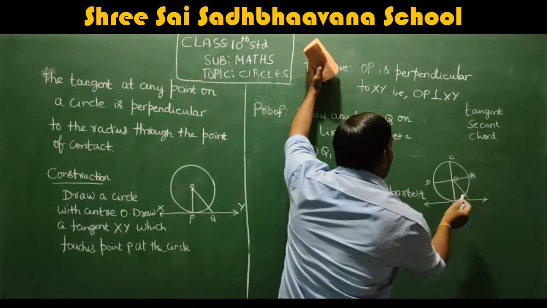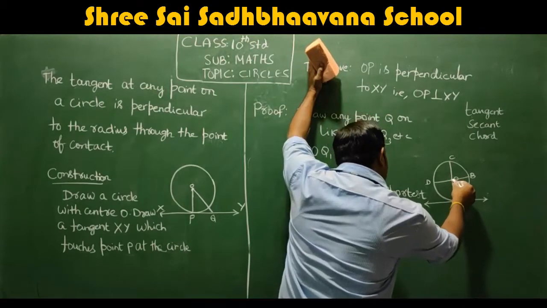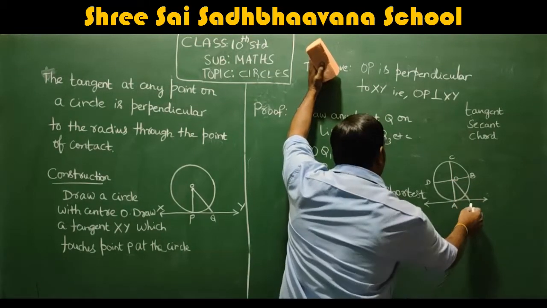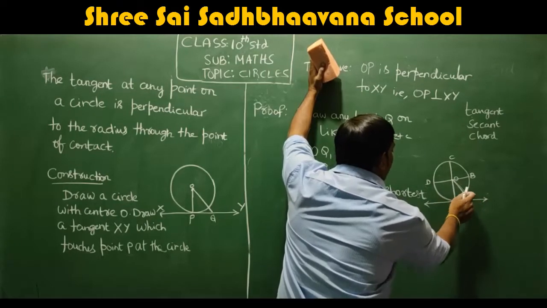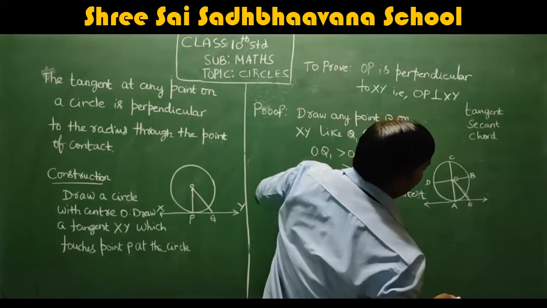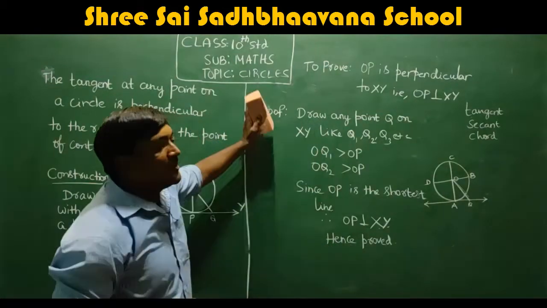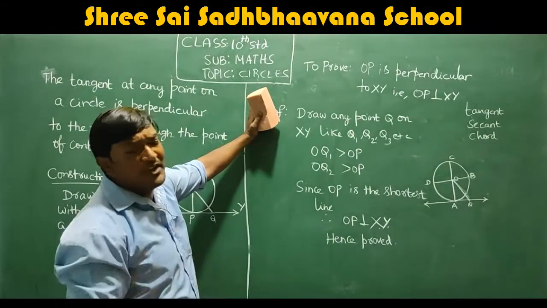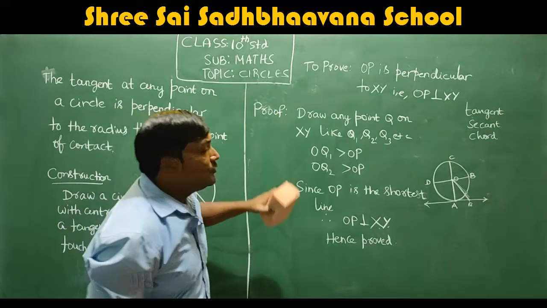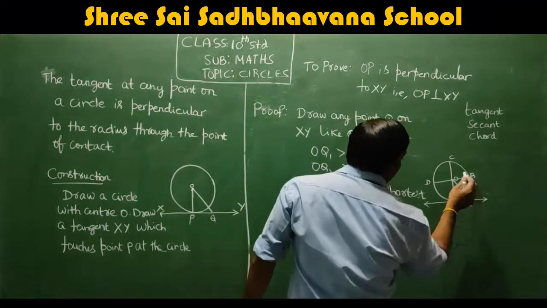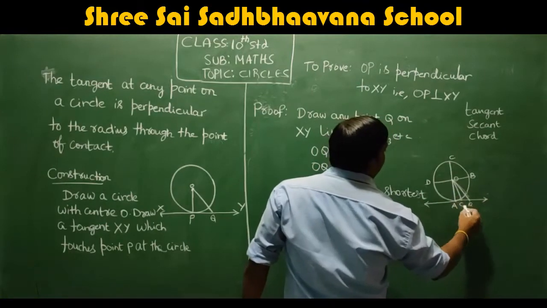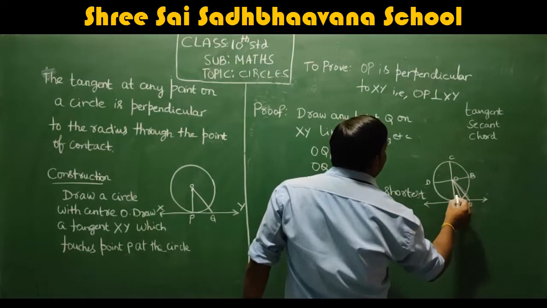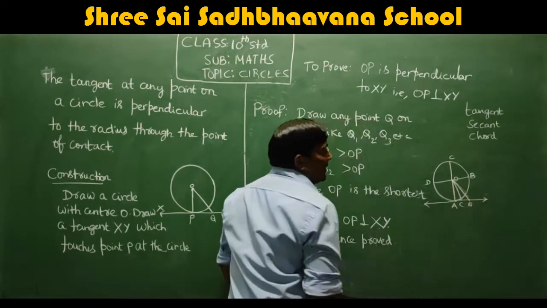So if I draw one more point here, I locate one point B and join OB. So look at this, OB is always greater than OA. You can draw an infinite number of points like this, OB, or if you draw very near to A, take it as C, and this length is greater than OA.